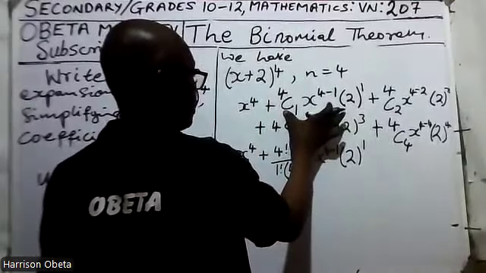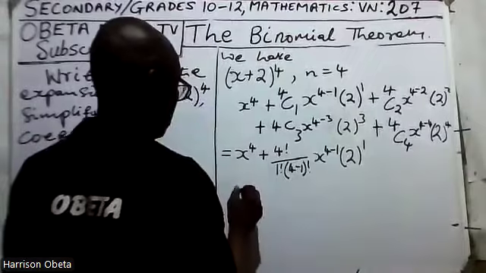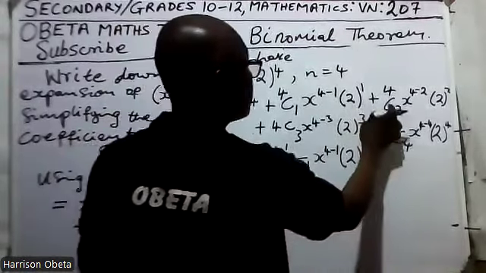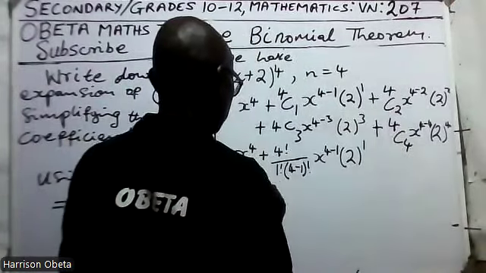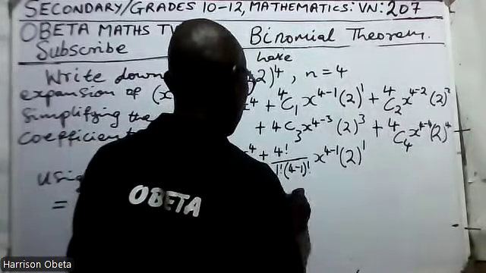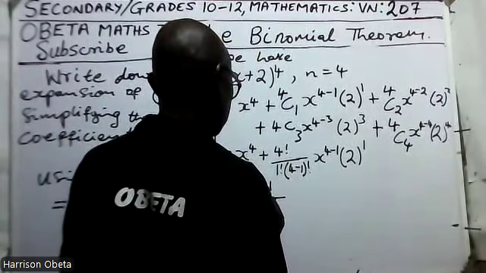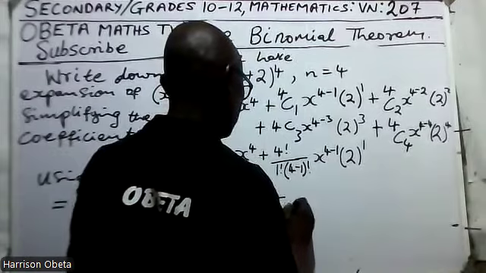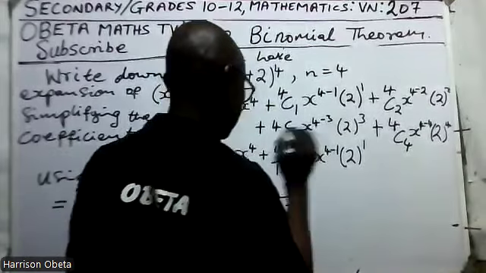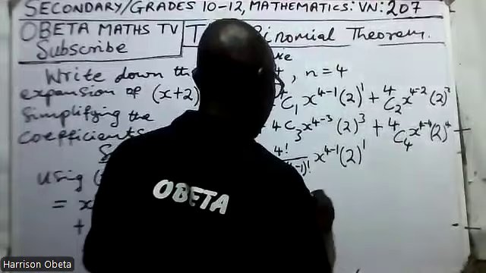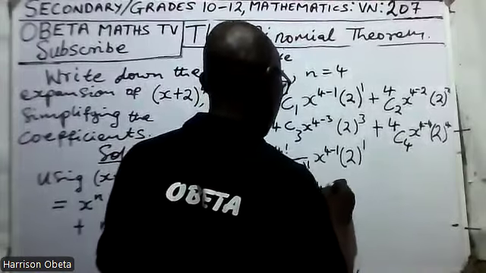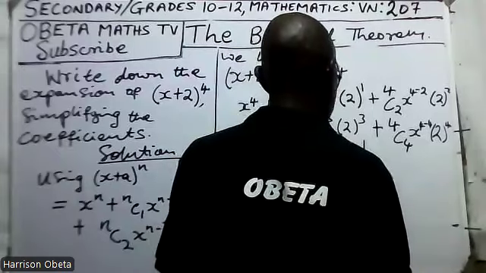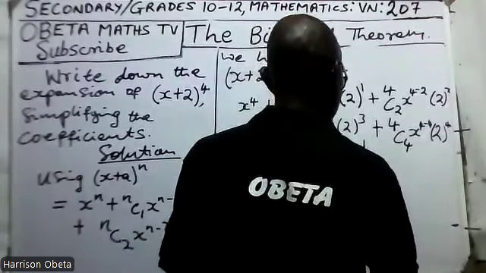That is picking the whole of this. Plus now, again, we pick this one, 4 factorial all over 2 factorial, bracket 4 minus 2 factorial, then x raised power 4 minus 2 into 2 raised power 2.